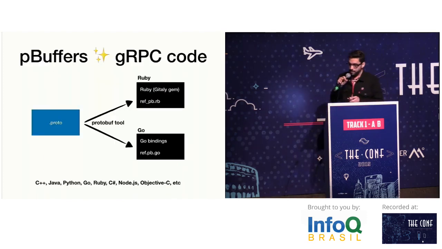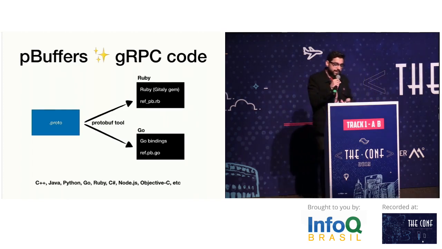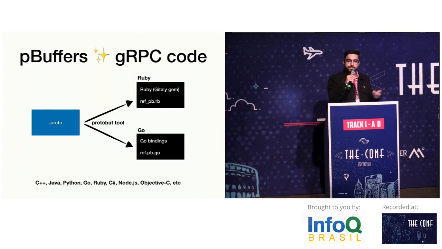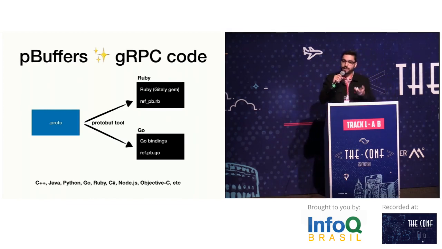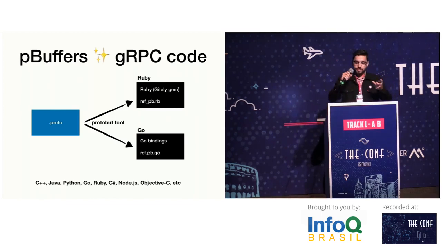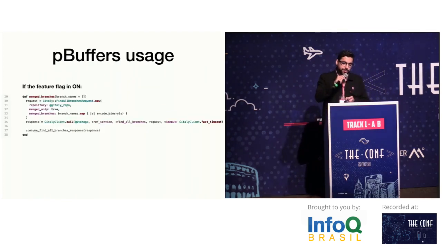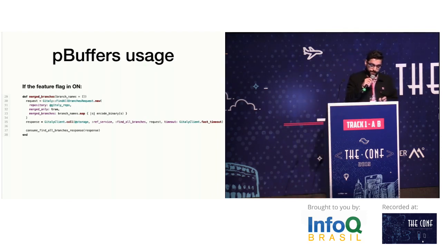So protocol buffers. The idea is writing the messages in this proto file, and then you can just compile this code into Ruby, Python, or Java, in our case, Ruby and Go. So for instance, this is real code that we use in production, and that has a definition of the merged branches.